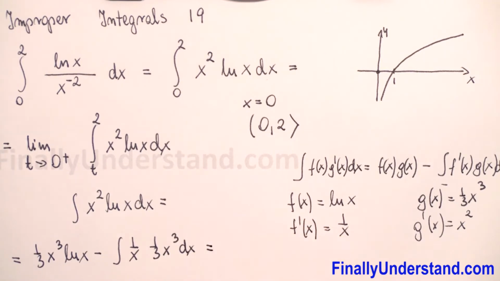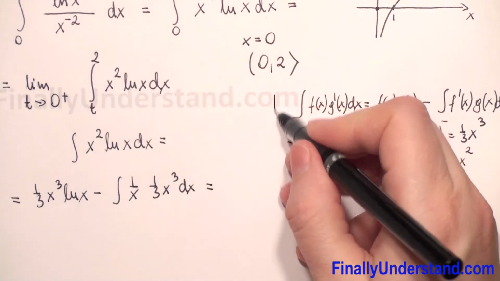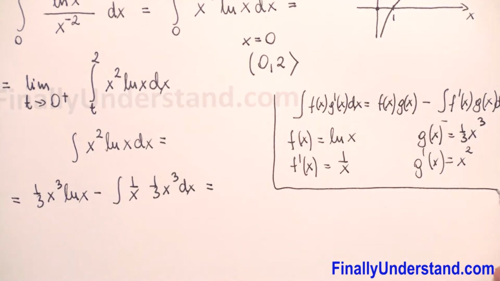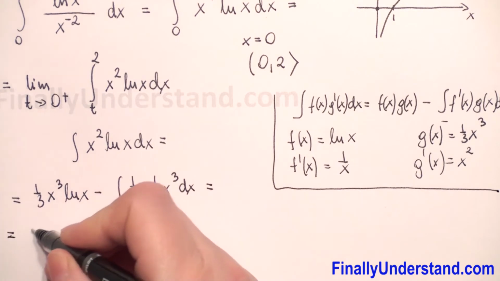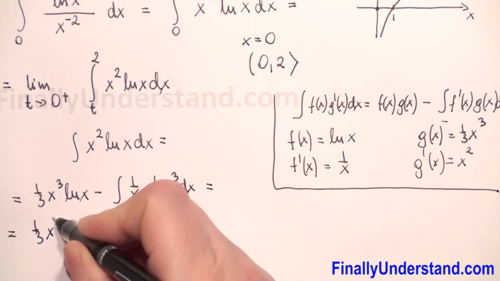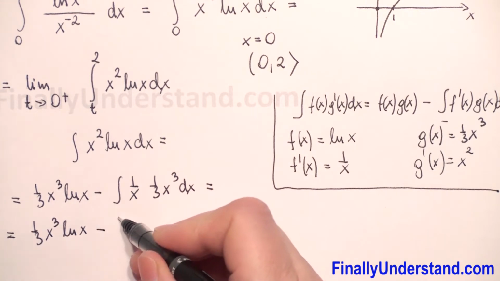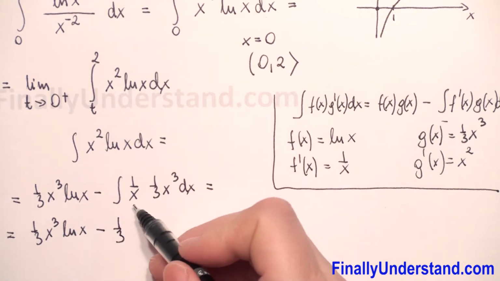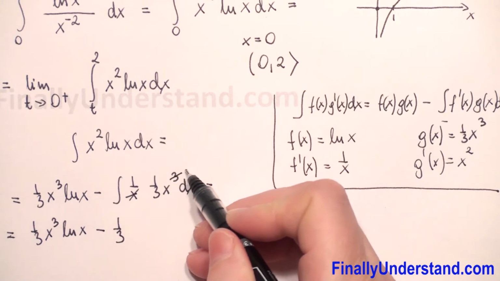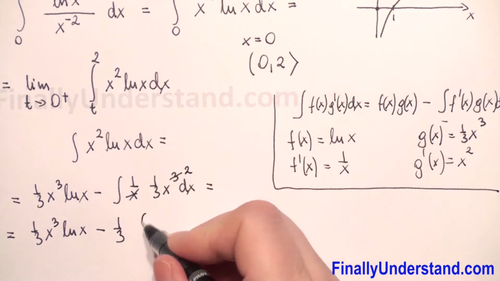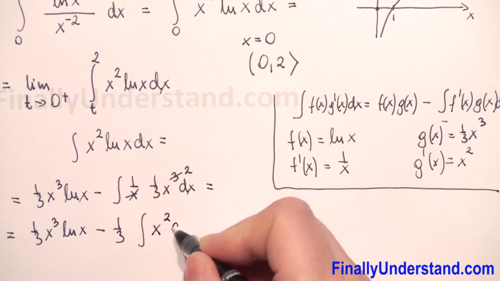So this is equal. We have 1/3 x cubed natural logarithm of x minus, we can put 1/3 first, and we can reduce x with x cubed. So it will be x squared, integral of x squared dx.